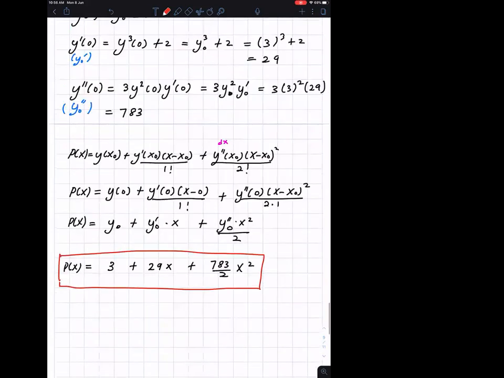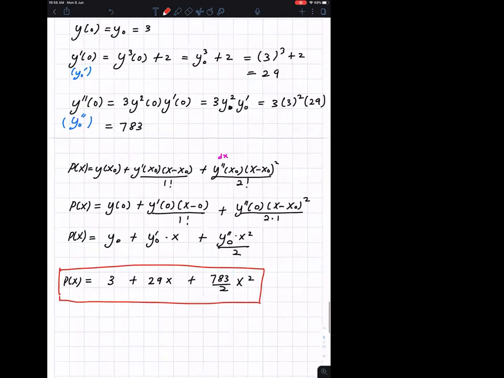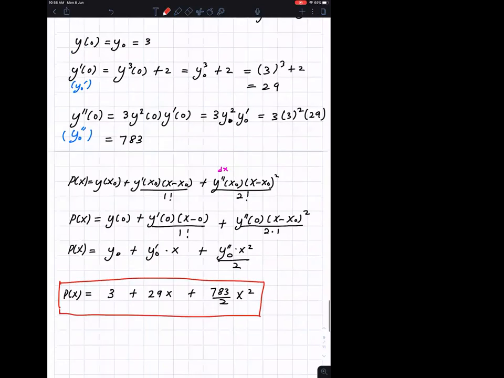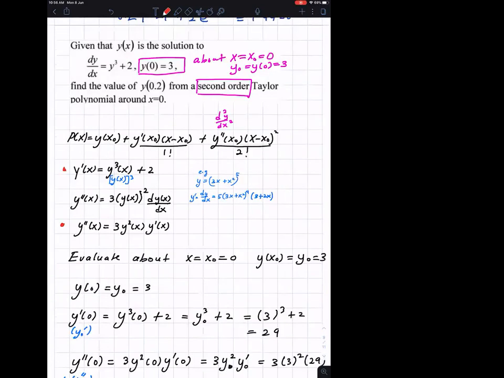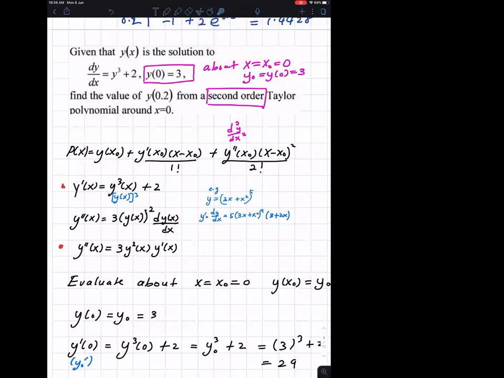So now we can evaluate. Once you have this formula, the equation was given, and the initial point is the point about which you're going to develop your Taylor series polynomial. After you develop the polynomial, then you evaluate the polynomial when x is 0.2.